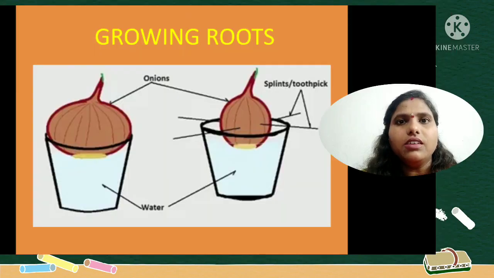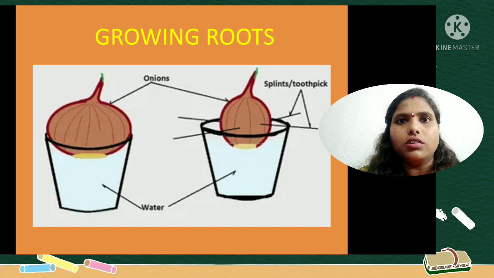Our next activity is growing roots. Observe the slide. There are onions there. We have to take a wide mouthed bottle, based on the size of the onion. We have to arrange it correctly.